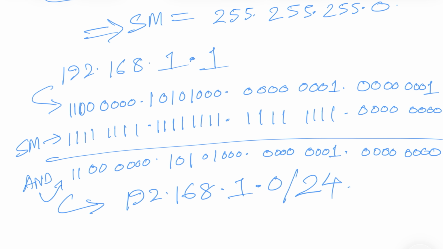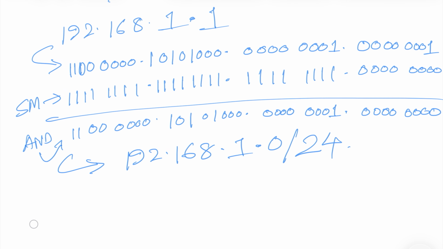Okay, so now from this example, we have understood network address, broadcast address, and subnet mask again.